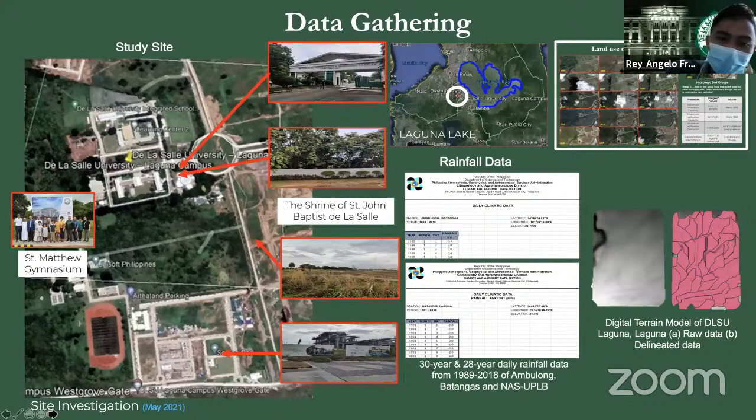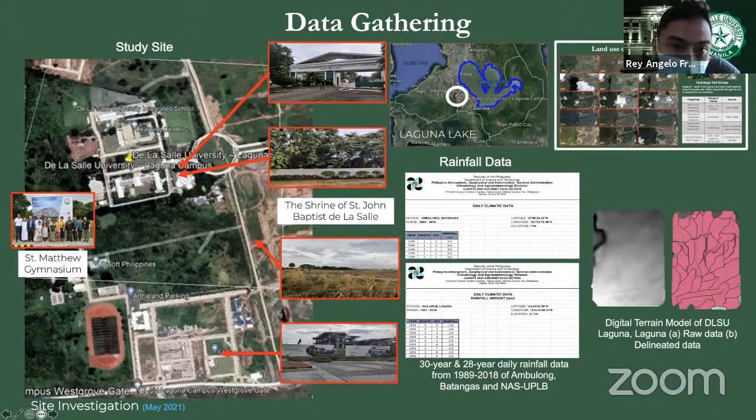Okay, so let us now go to the methodology of our study. For the data gathering, 2 important data that we have are rainfall data and the digital terrain model. For the rainfall data, we have the 30 years of daily rainfall data from 1989 to 2018 of Ambulong, Batangas, and NAS UPLB. The digital terrain model was gathered from NAMRIA, or the National Mapping and Resource Information Authority.